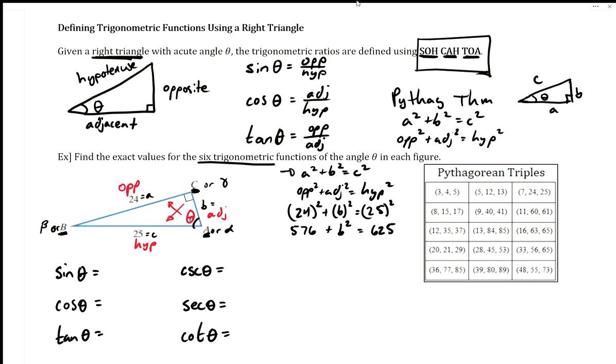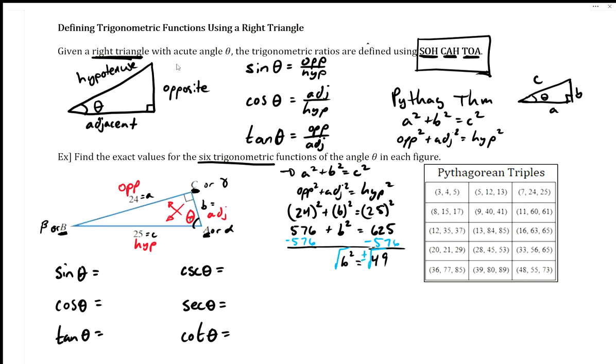So we need to get b squared by itself. We would subtract 576 on both sides. And we would get b squared is 49. And so we can square root both sides now.